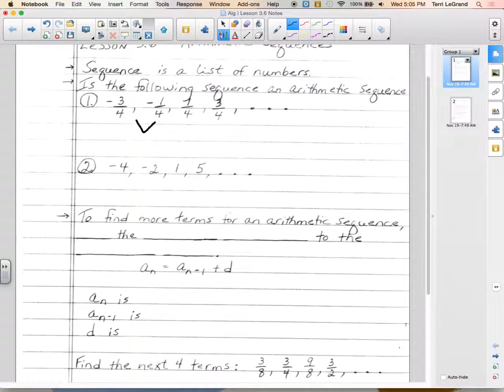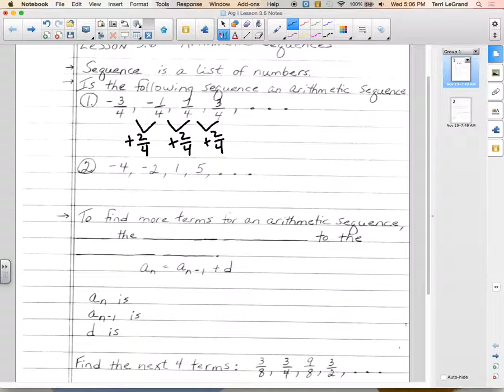So how we're going to show work for this is we would say to get from -3/4 to -1/4, we have to add 2/4. To get from -1/4 to +1/4, it goes up 2/4 also. To go from 1/4 to 3/4, again, it goes up by 2/4.